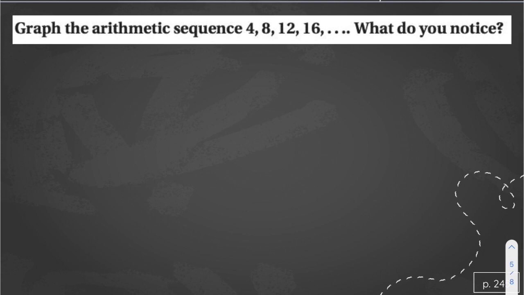Another question you might see dealing with these: graph the arithmetic sequence 4, 8, 12, 16, and the rest of it there. And then it'll ask, what do we notice?